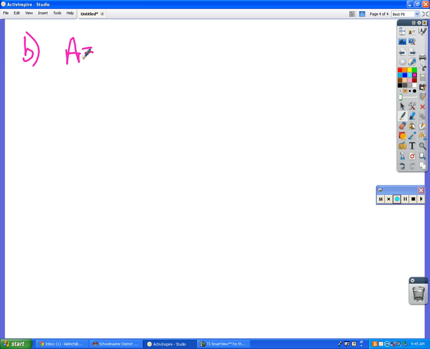What's the formula for the area of the circle? Okay, pi r squared. But we want the area in between that and the what? What's the formula for the area of the square? Yeah, we're going to want it in terms of r.